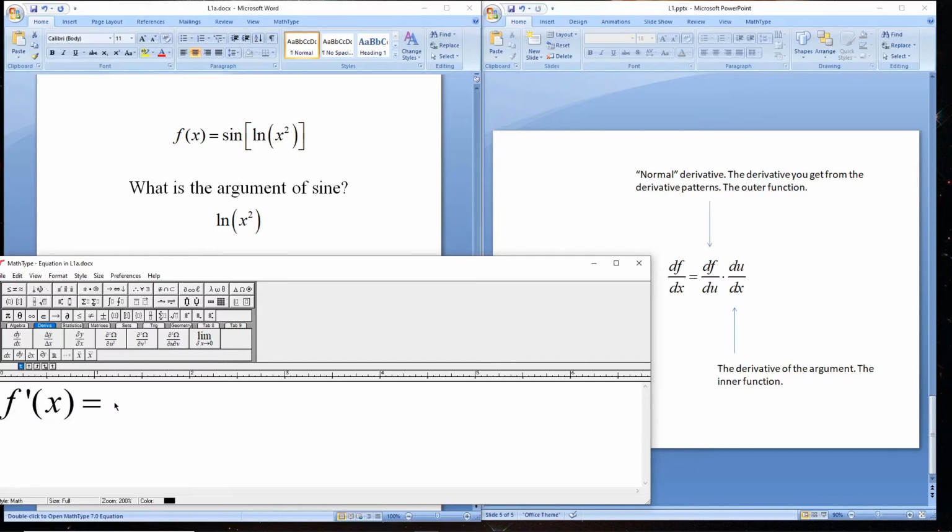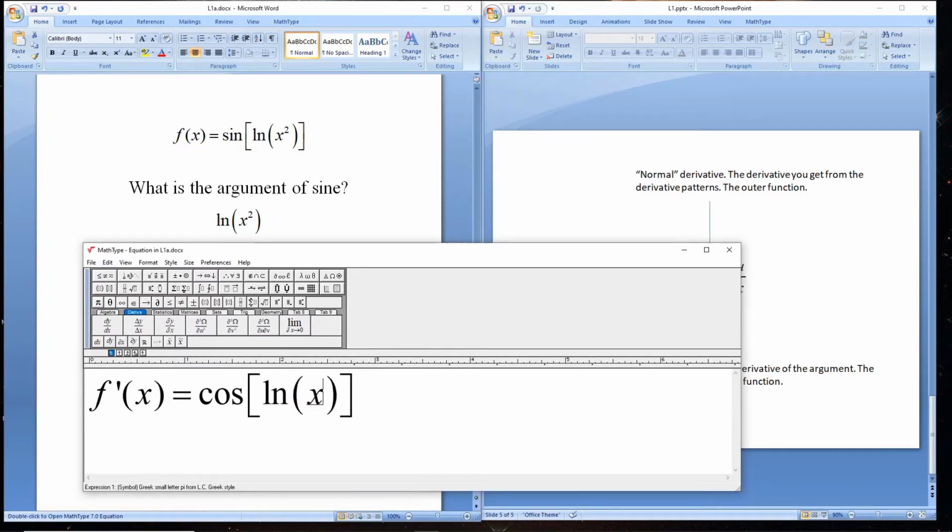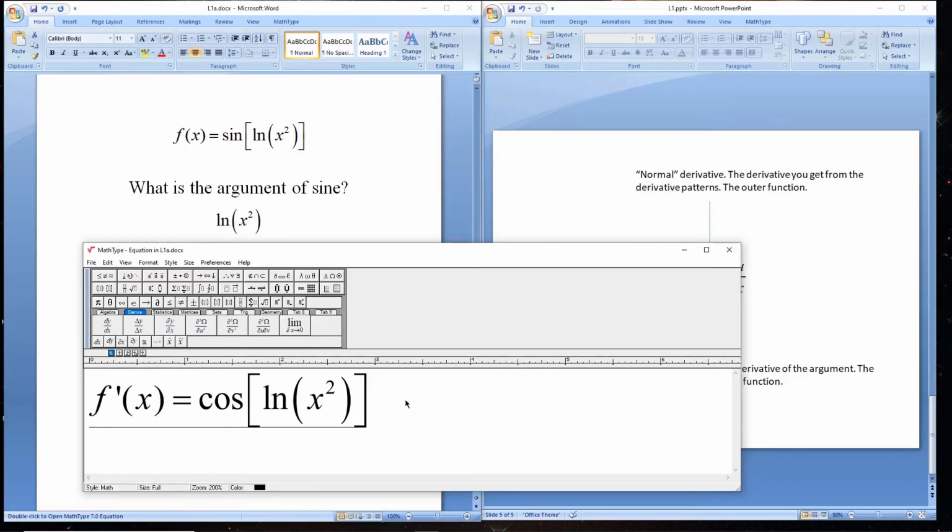And that's the first derivative we do. We just do the straight up normal derivative. And what's the derivative of sine? The derivative of sine is cosine. And so we're just going to straight up do that derivative like we normally would. And there it is.